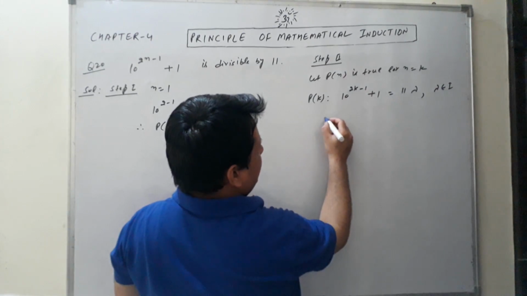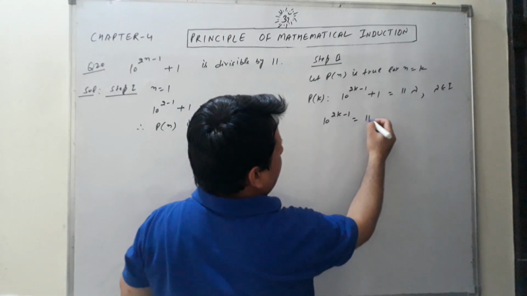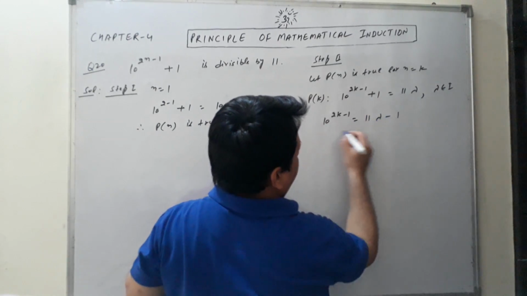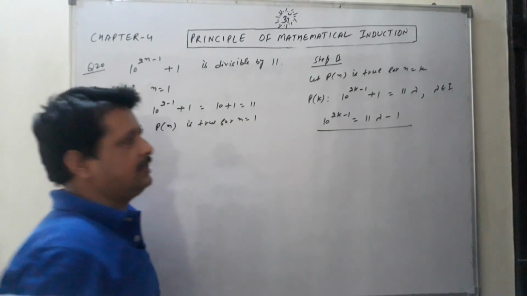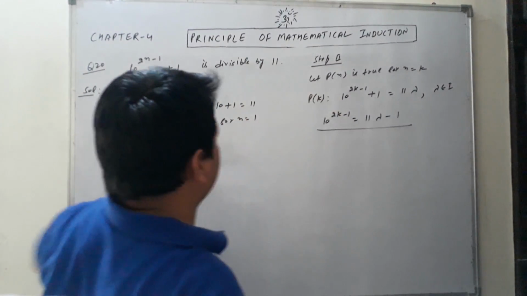So we can write 10 to the power 2k minus 1 is equal to 11 lambda minus 1. This is our second step, students. We will use it in the third step.